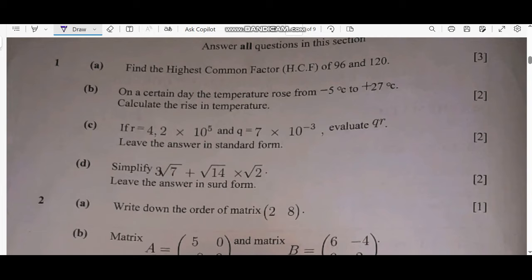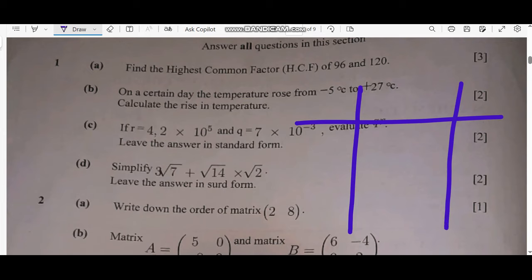But today I'm going to introduce a new method to you. Some already know it, but to some it's a new method. So you're going to draw your demarcation lines like this. So we have 96, we have also 120 here.